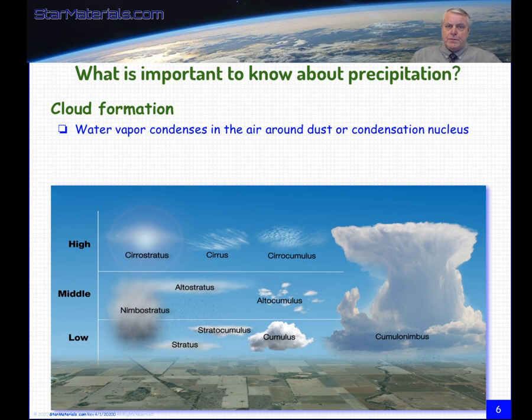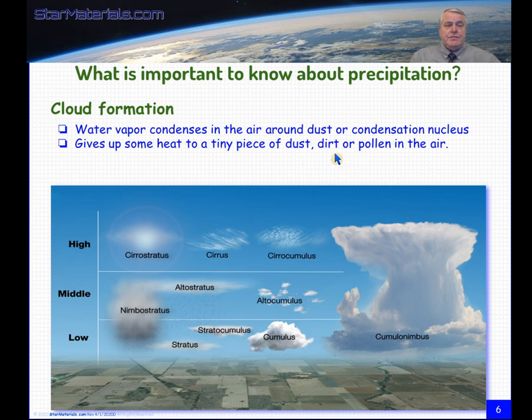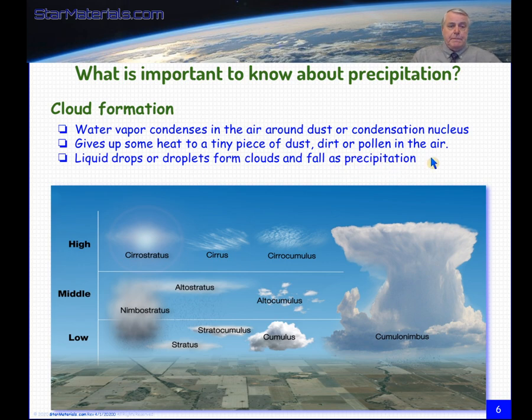And it's absorbed by the dust, which means now that water vapor has less energy and can change states from a gas to a liquid, sometimes right to a solid, if it's fast enough. So it gives up some heat to a tiny piece of dust, dirt, or pollen in the air. The liquid drops, or droplets, form clouds and fall as precipitation.